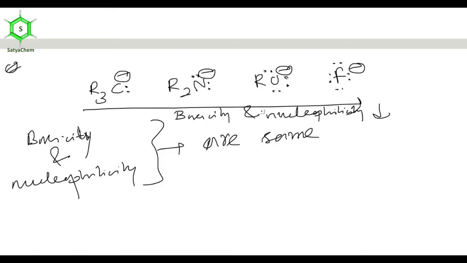Clear? That is why F minus is the least basic, and the basicity of R3C minus is the highest. So the nucleophilicity of R3C minus is maximum, and that of F minus is minimum in this series, because here basicity and nucleophilicity run in the same track.